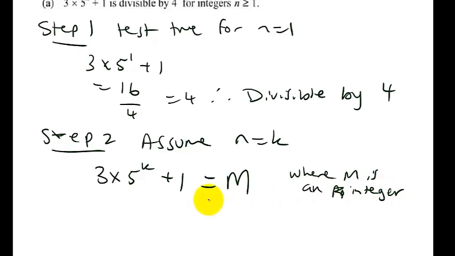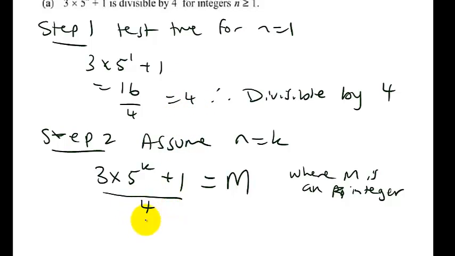As long as m is an integer, it's going to be okay. Then you write 3 times 5 to the k plus 1, over 4, equals m. And that's true, right? Since 3 times 5 to the k plus 1, which is 16 over 4, must equal an integer. Make sense?